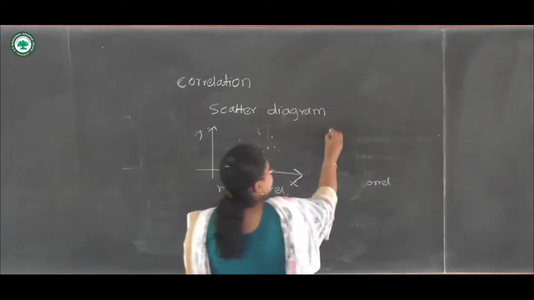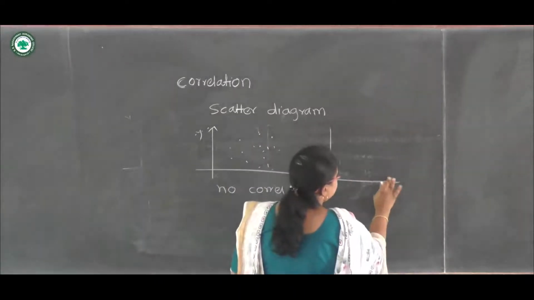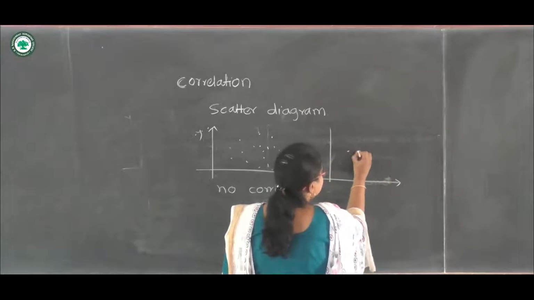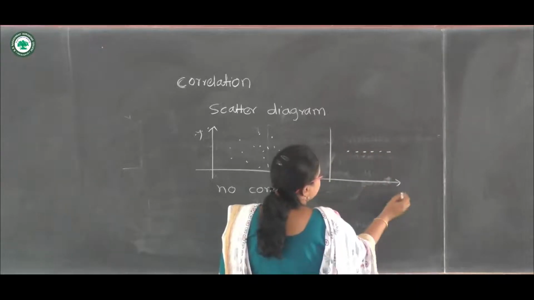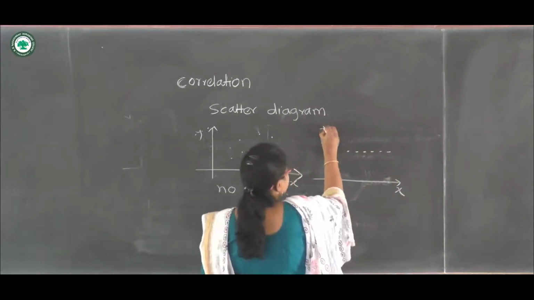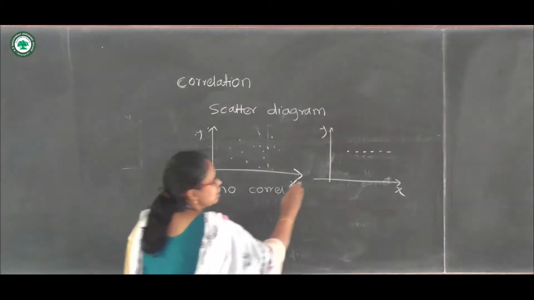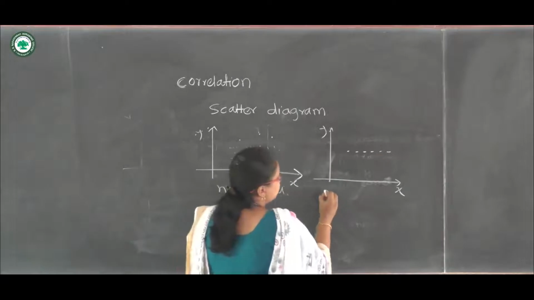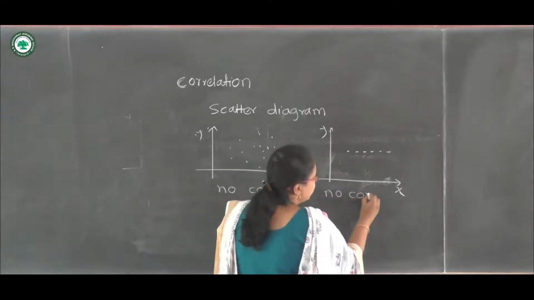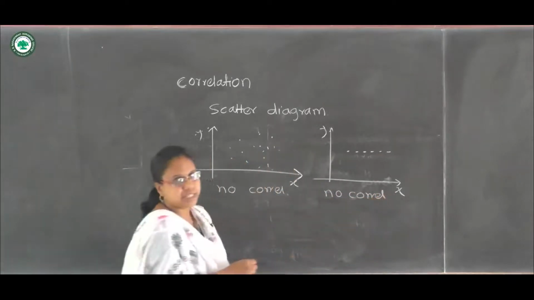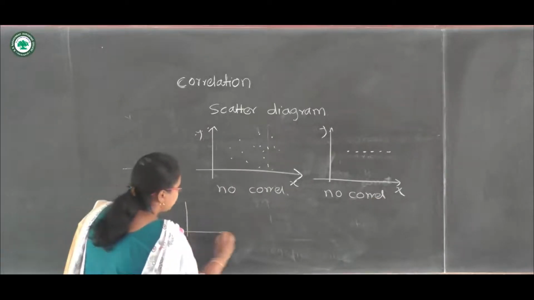Also, if we plot a diagram and it looks like this, meaning one variable is a constant and the value of the other variable is going to increase, then we say that also there is no correlation between x and y, like that.